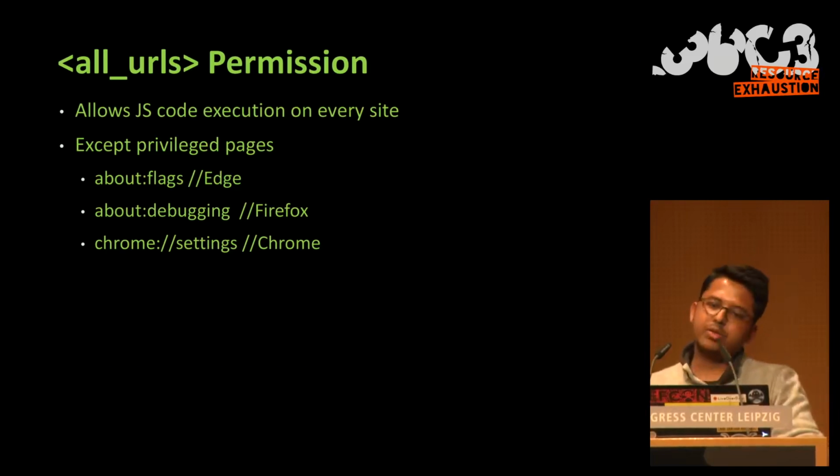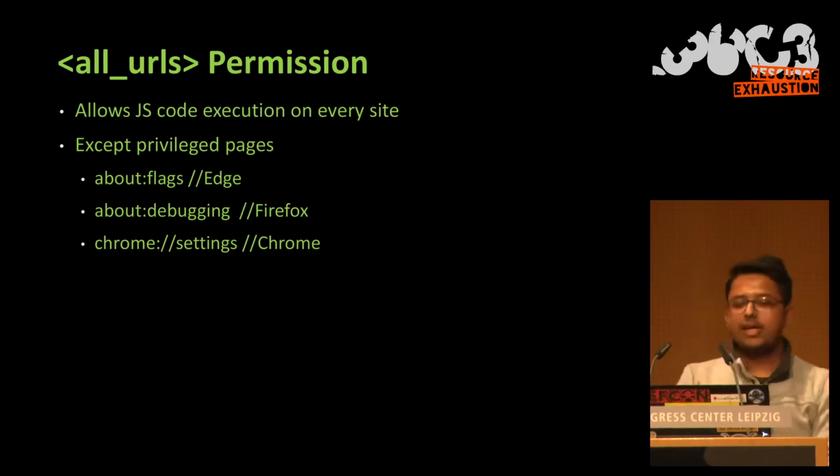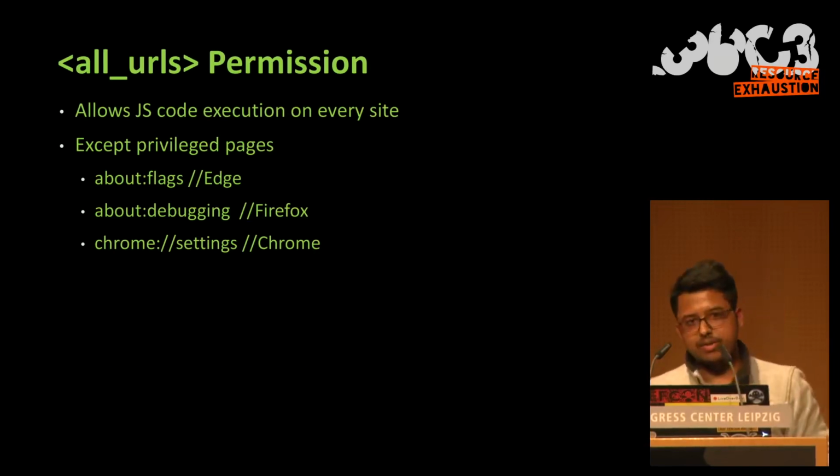So you can imagine a situation where an extension is able to run JavaScript code on the Chrome settings page, then it can probably read or steal all of your passwords and credit and debit card information as well. So on Edge, we have a similar page, which is about:flags.